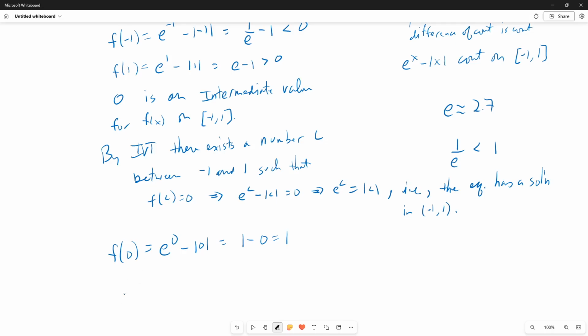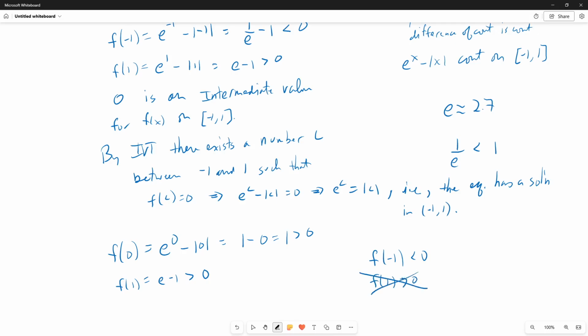So earlier we had said f of 1 was equal to e minus 1. And these are both positive. So in our analysis, we had f of negative 1 was negative and f of 1 was positive.